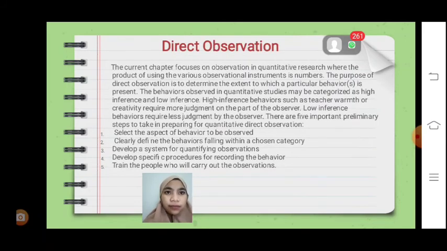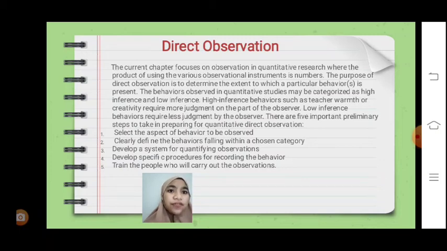The next, direct observation. The current chapter focuses on observation in quantitative research, where the product of using the various observation instruments is numbers.